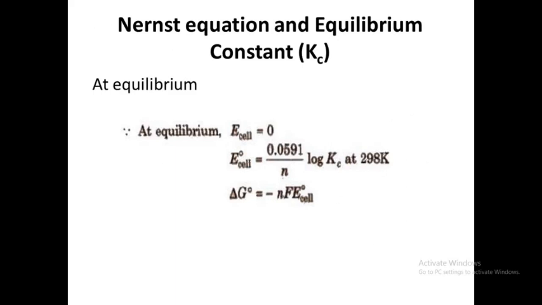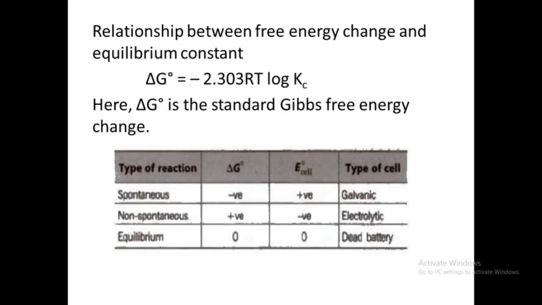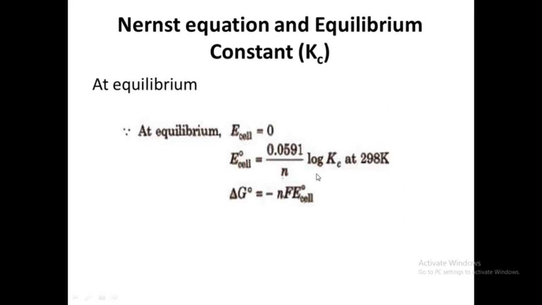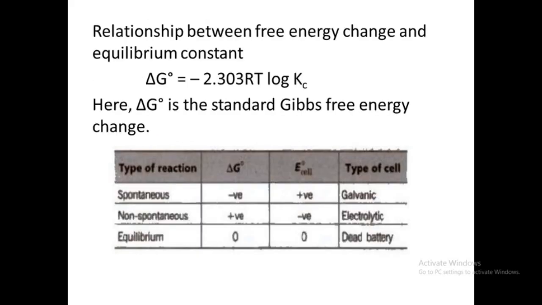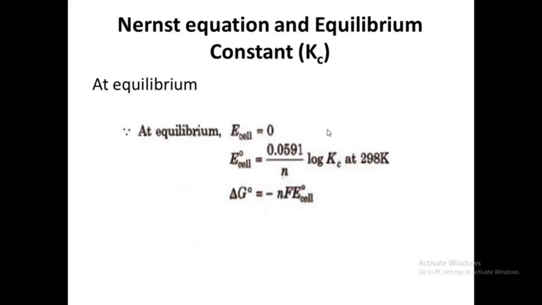So for a spontaneous cell reaction delta G naught is negative and E naught cell is always positive. Similarly, for non-spontaneous chemical reactions delta G naught is positive, hence E naught cell is negative. And at equilibrium delta G naught is 0, and hence E naught cell is also 0.